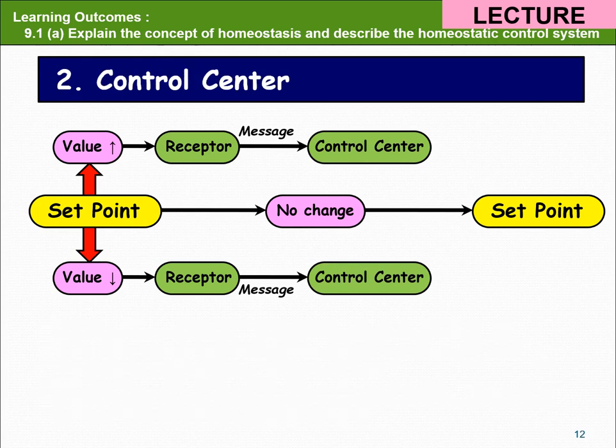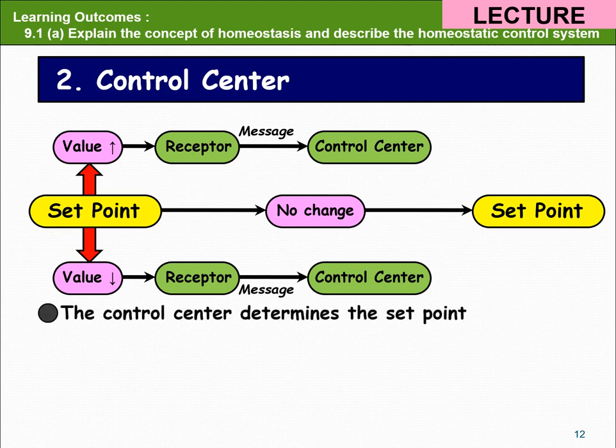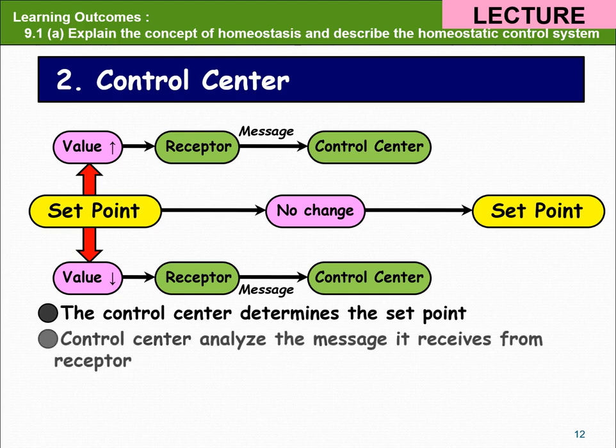The second one is control center. Control center, or integrating center, receives information from the receptor, and the control center will initiate the response to maintain homeostasis, to return to set point.